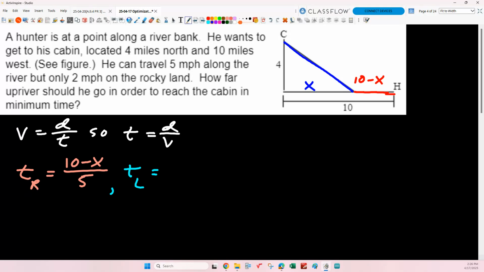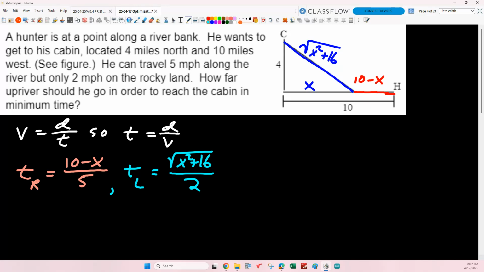And what's that going to be? If that's x and that's 4 and it's the hypotenuse, it's the square root of x squared plus 16, right? Okay. Everybody agree? Okay. So then come up with an expression for the time that he's spending crossing the rocky land. Divided by, how fast is he going? 2. Agreed?